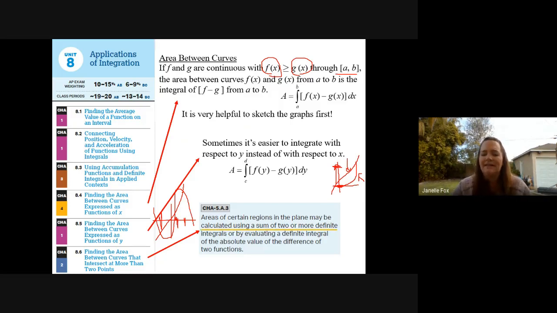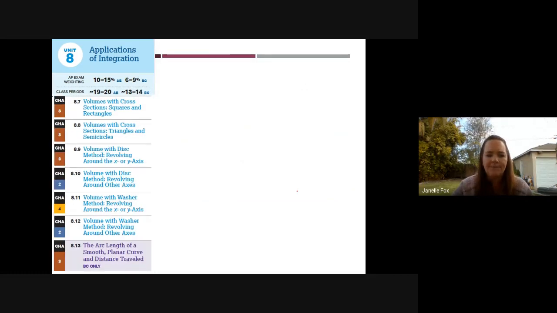So they wanted to highlight that maybe you just sum up a couple of different integrals, or maybe you just take the absolute value of the difference between the two functions, and then it won't matter which one's on top or on the bottom. Personally, I would just divide it up. That makes me less nervous, just doing a couple of different things, okay?